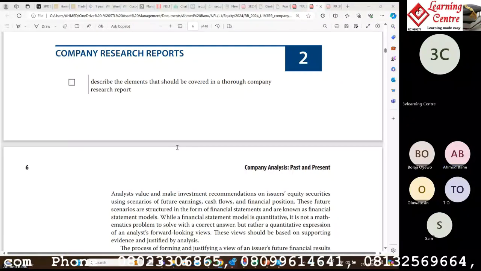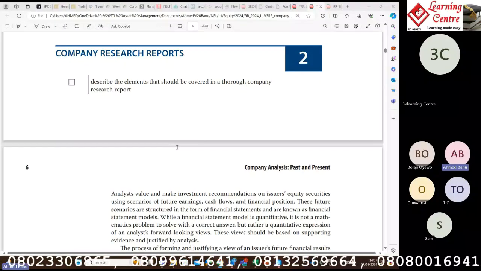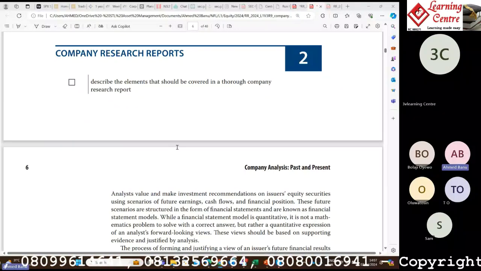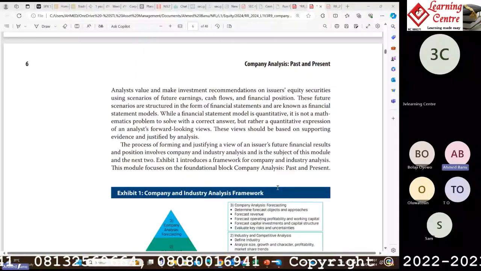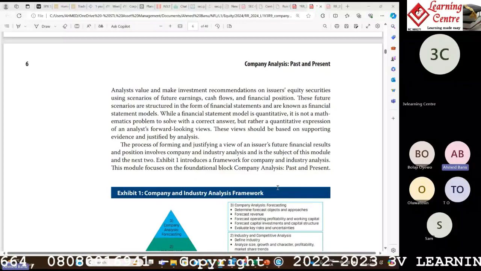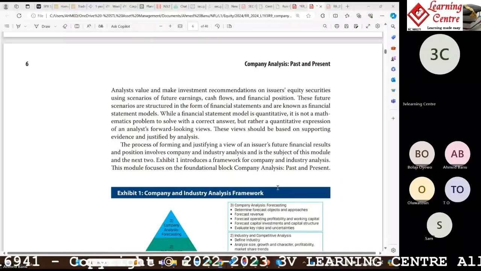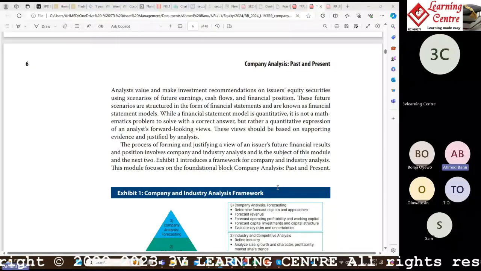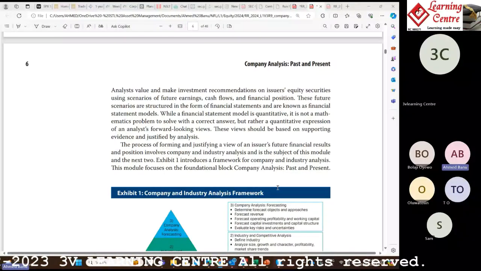So an analyst values and makes investment recommendations on issuers' equity securities using scenarios of future earnings, cash flows, and financial position. The curriculum says this research report is more around the analyst's views, based on how the analyst gathers information, analyzes it, and sets their views around it.